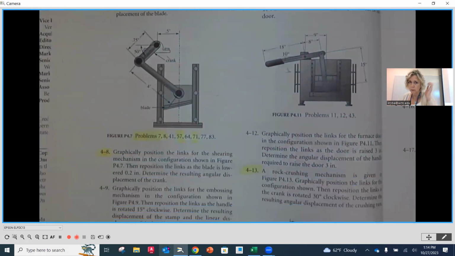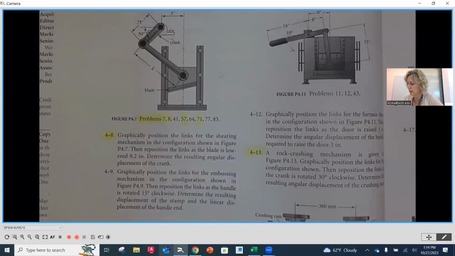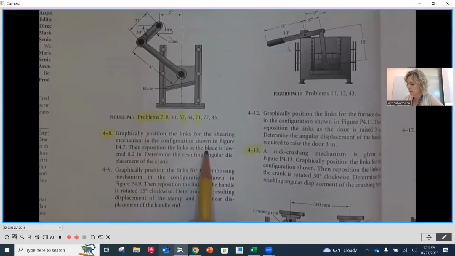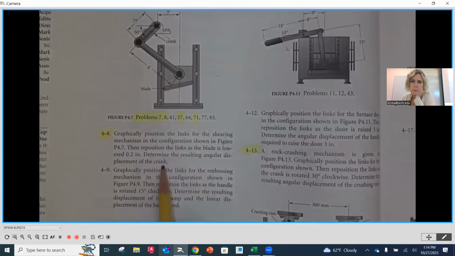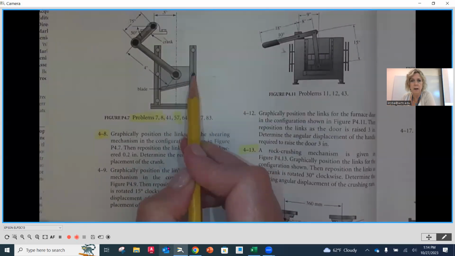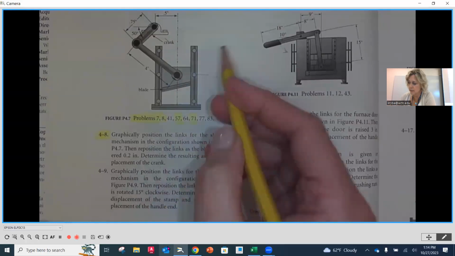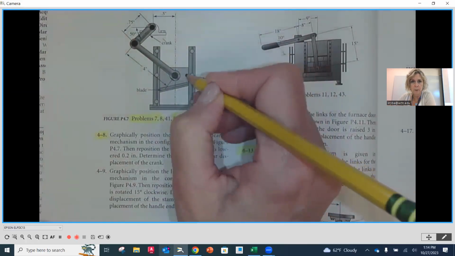Then what you're going to do is go to number 8 and say, okay, from that original position, now you're going to reposition this so that the blade is lowered 0.2 inches. Oh, wait a second. Determine the resulting angular displacement on the crank. So this time, if I'm starting here and I want to position this down 0.2 inches, I'm going to pull this down.